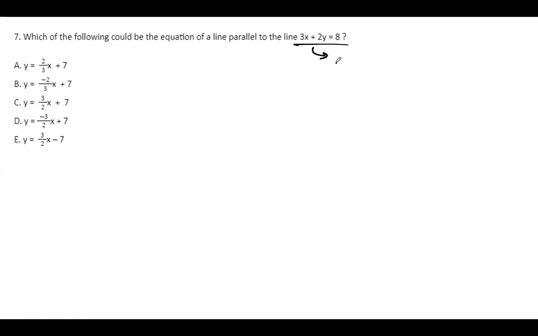Slope will be minus of coefficient of x divided by coefficient of y, so minus 3 by 2. And all these lines are of the form y is equal to mx plus c, where m is the slope. So where m is minus 3 by 2? Option D. Not that difficult.